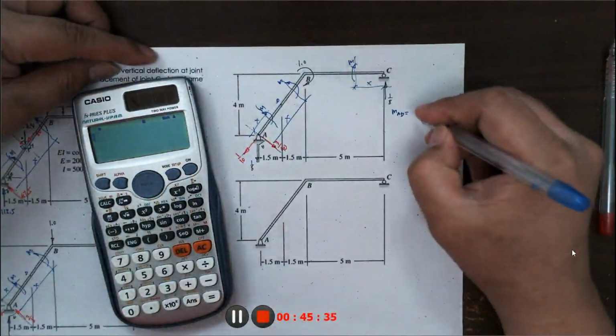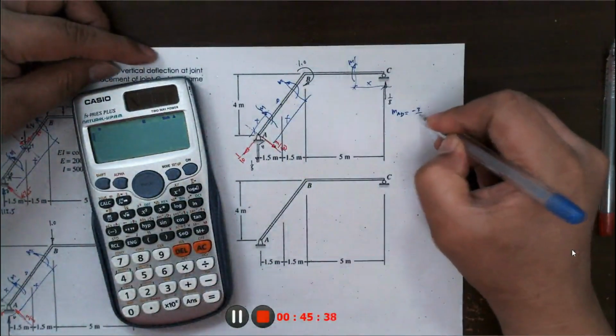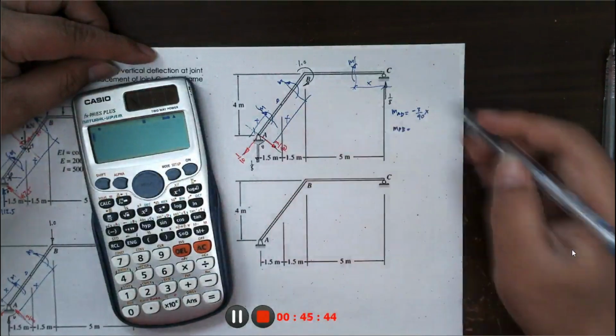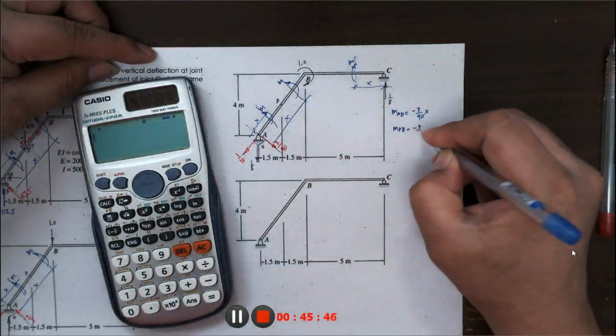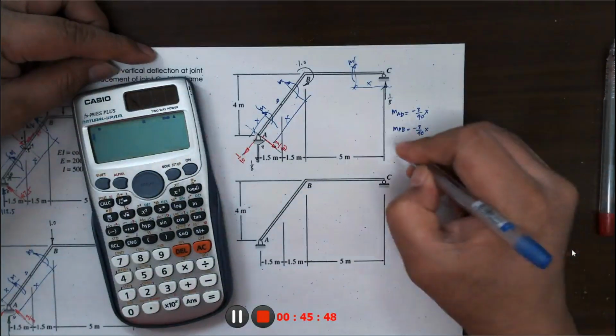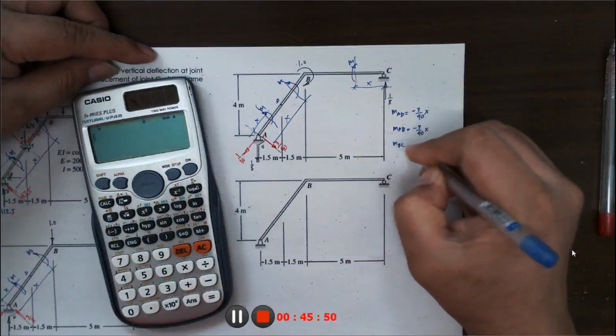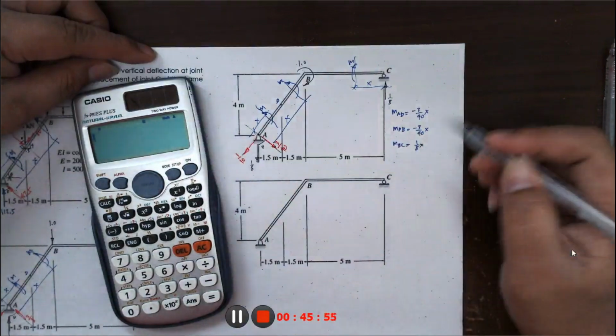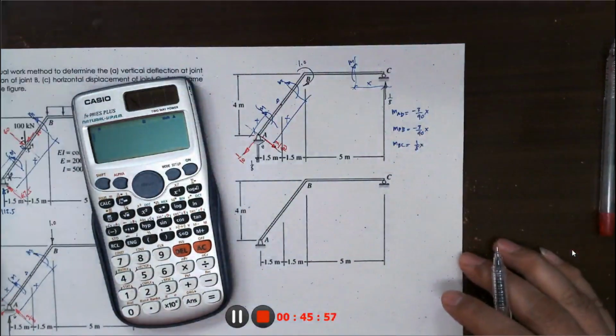So it's negative 3/40x. For DB, same, negative 3/40x. And for BC, it's 1/8 times x.